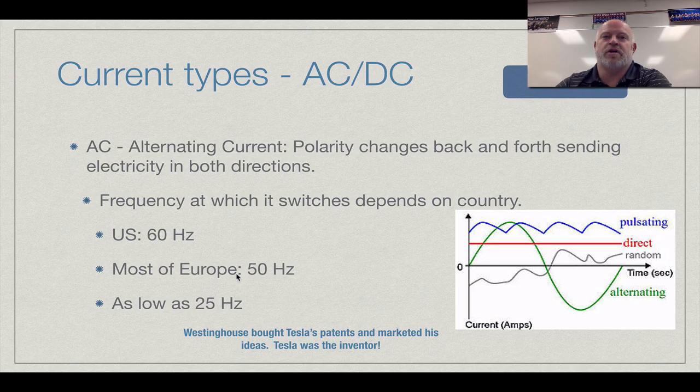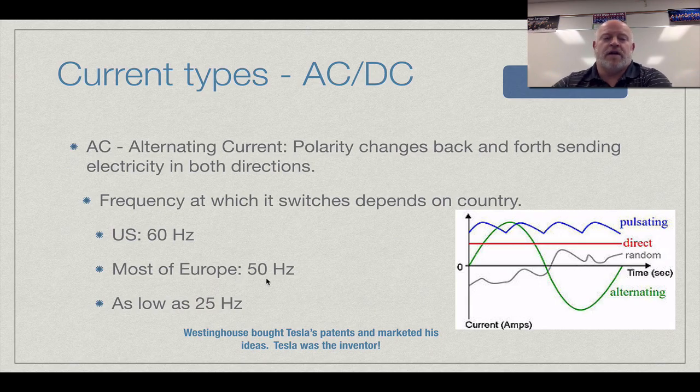That's why when you go other places, you sometimes need different plugs and special equipment. You can't bring your hair dryer to Germany, because if it's the wrong number of hertz, you can damage or burn up your devices. So there are ways to convert that. People buy converters.